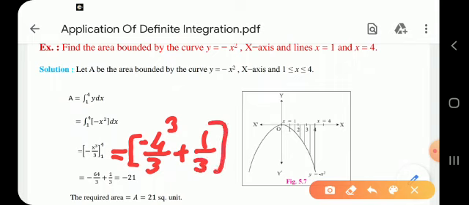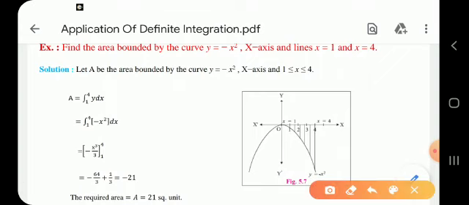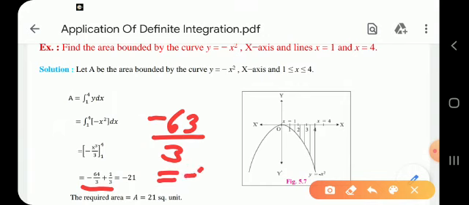We know 4 cube is 64. So we get minus 64 upon 3 plus 1 upon 3. We know minus 64 plus 1 is minus 63, and minus 63 upon 3 is minus 21.